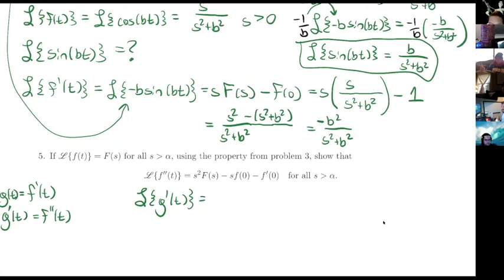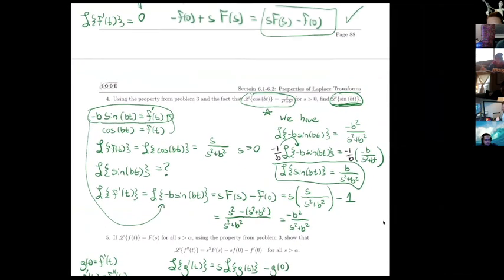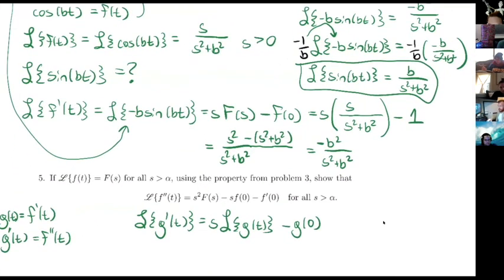So I'm going to get an s times the Laplace transform of g minus g of 0, right? Just using that result that we have up there, where capital F represents the Laplace transform of lowercase f. So here we have a g instead of an f.